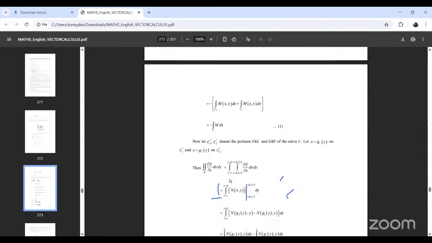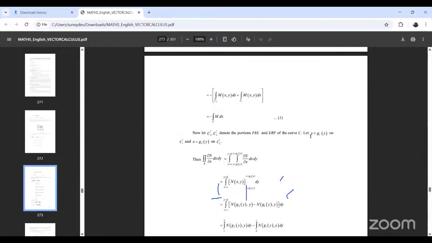Next, similarly, when we take x equal to g1 of y and x equal to g2 of y, C1 and C2 are the curves FAB and EBF. Now we have to integrate with respect to x. In place of x we substitute g2 of y and then g1 of y.